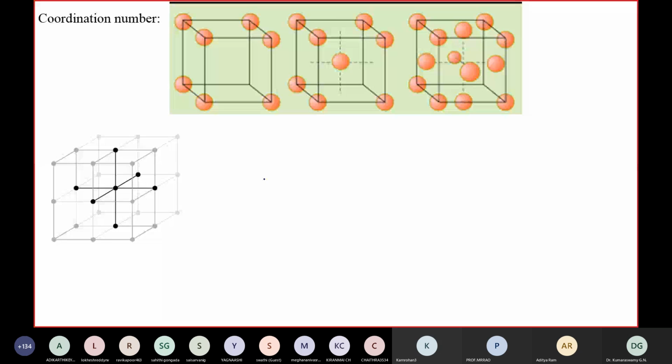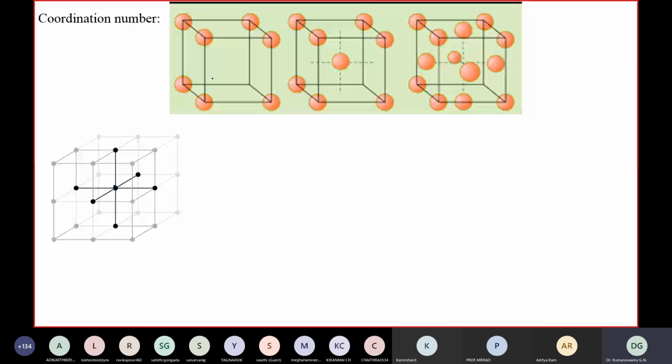Thank you, sir. Okay, let's move on. Now, this is a simple cubic crystal, which contains 8 atoms in a unit cell. So this is an extended simple cubic crystal. If you consider this particular atom, it is surrounded by 4 atoms directly along the horizontal plane and 2 atoms, one above and one below.